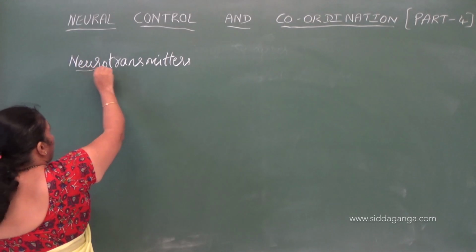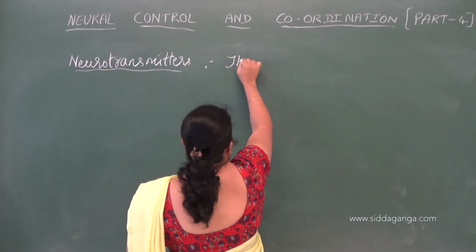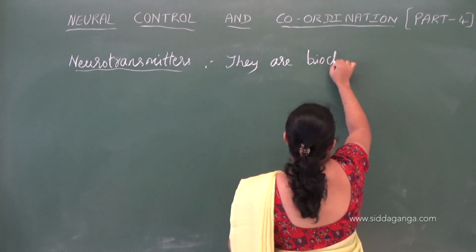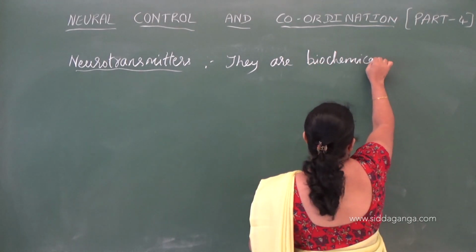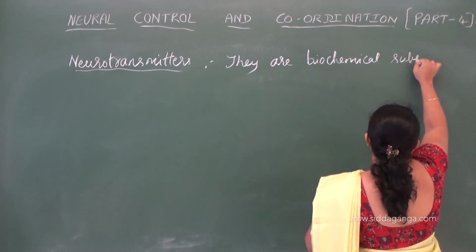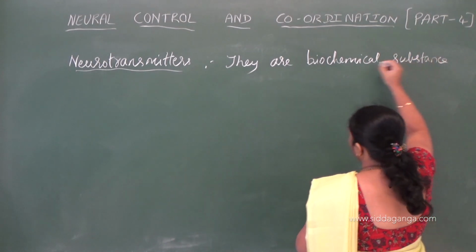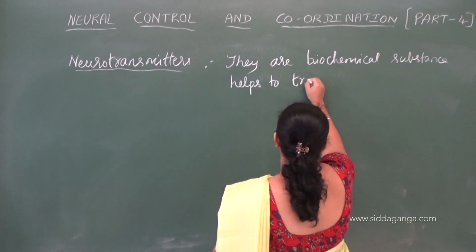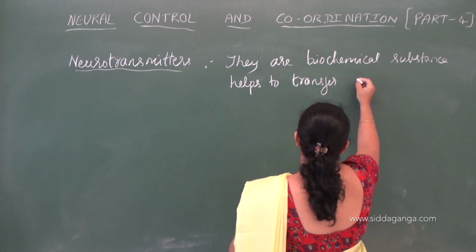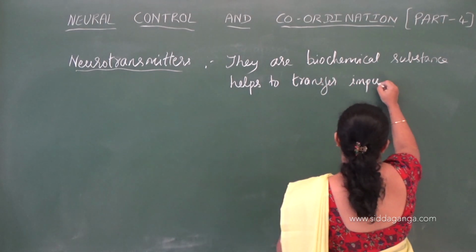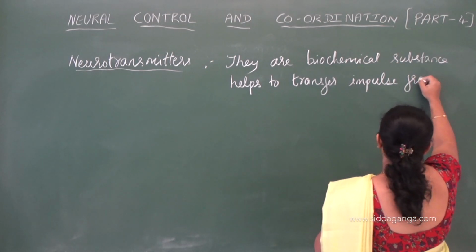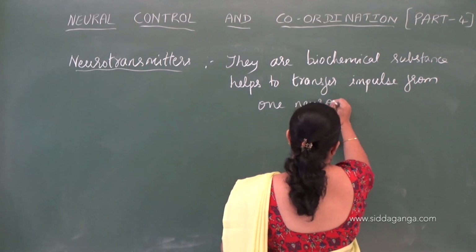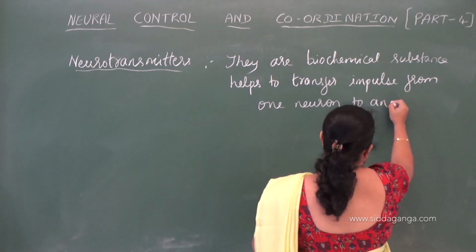So what are neurotransmitters? They are biochemical substances that help to transfer impulse from one neuron to another neuron.